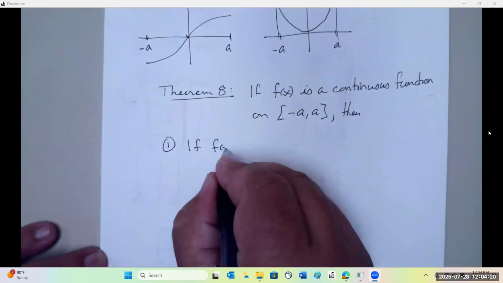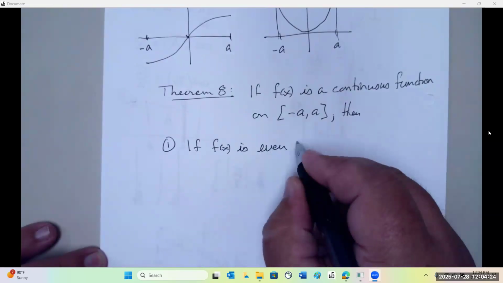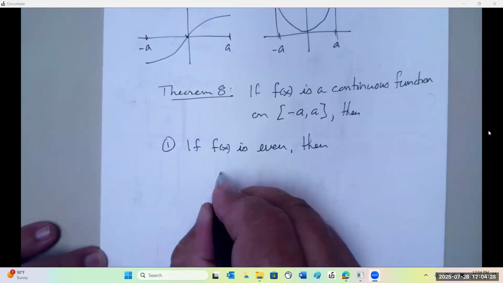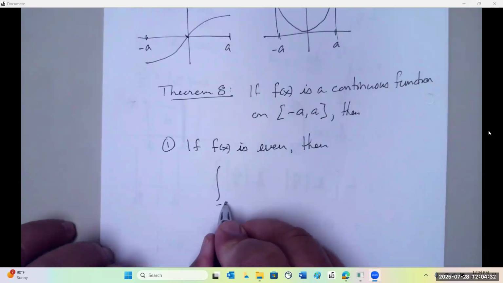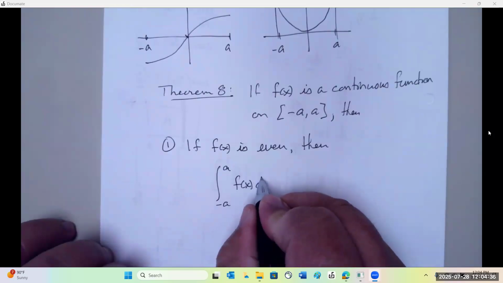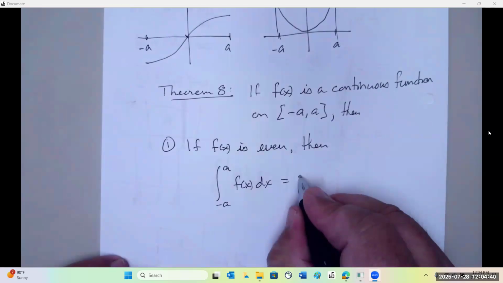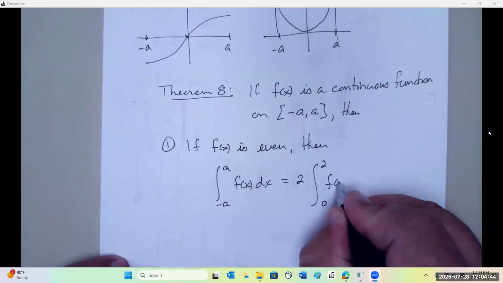If f of x is even, then the integral from negative a to a of f of x dx, because it's symmetric about the y-axis, is the same if I double it but just take one side of it.